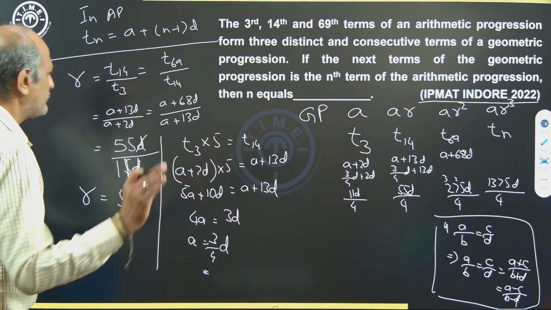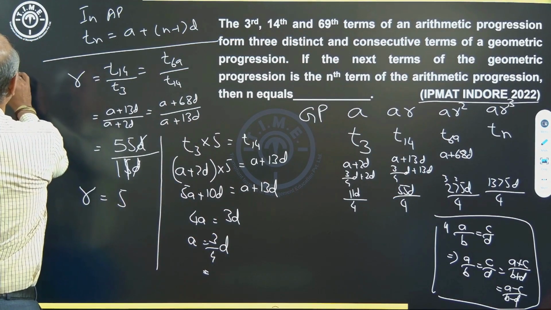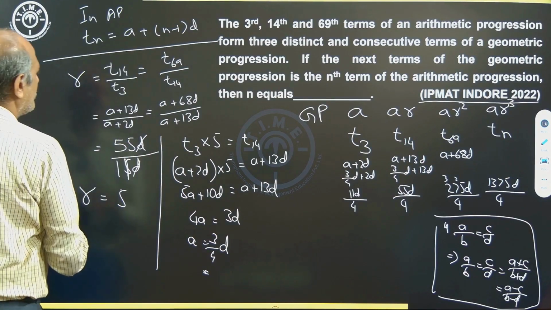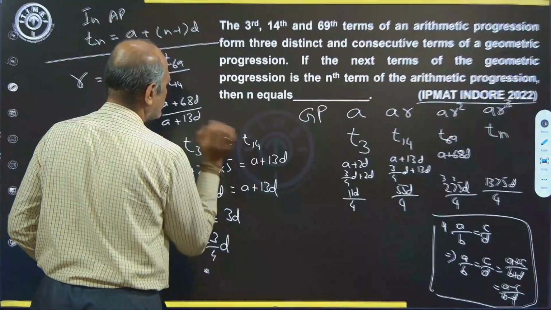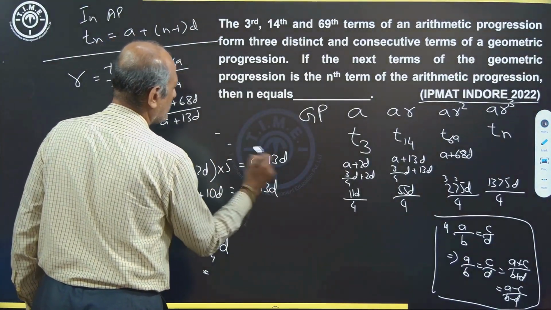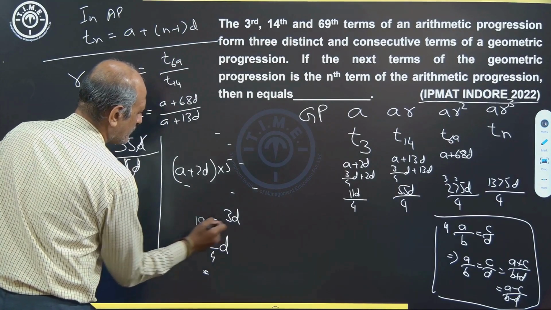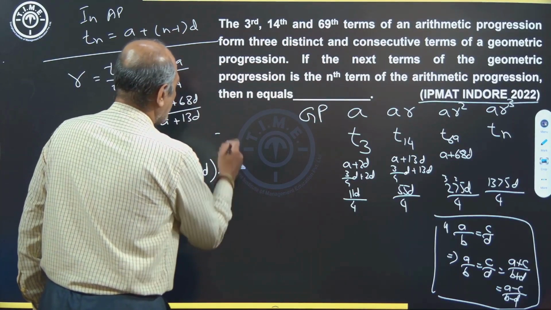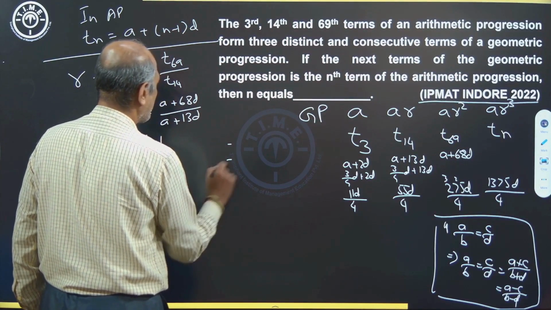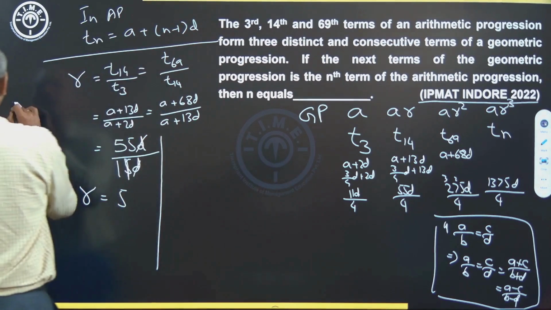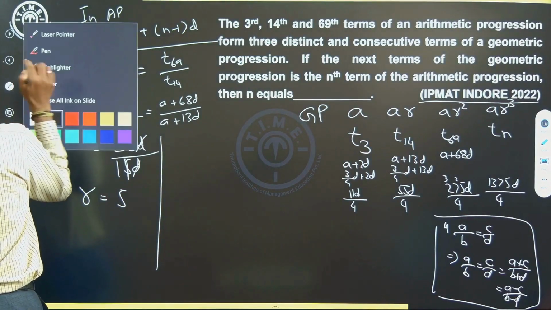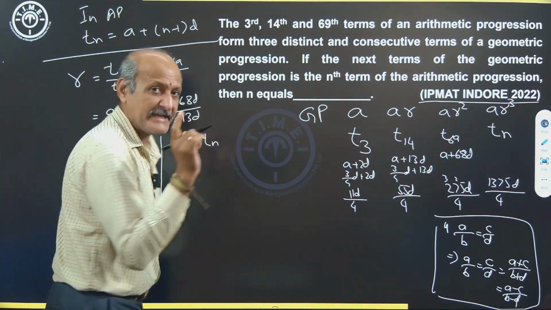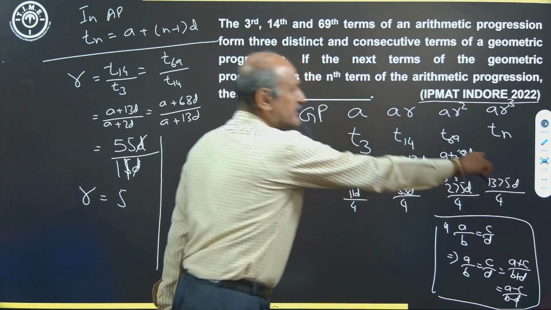Let me erase a few lines here to make space. Now what we know is that the nth term in the arithmetic progression is equal to the fourth term in the geometric progression.